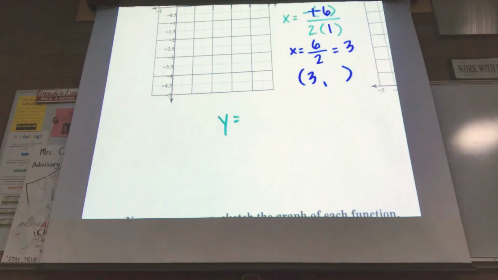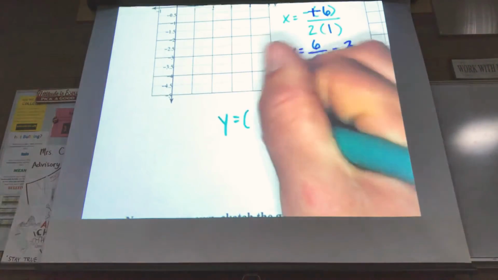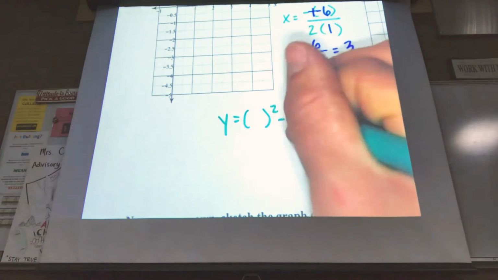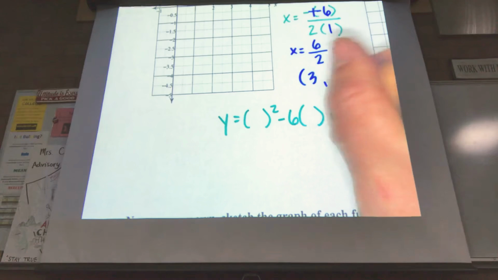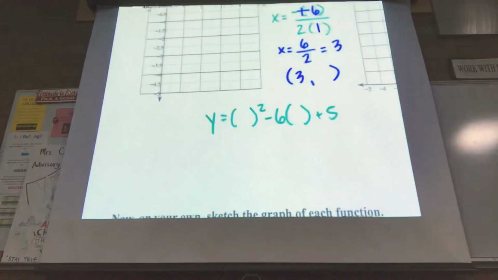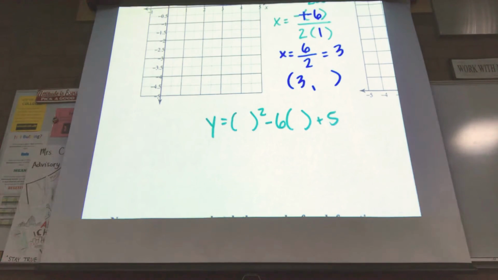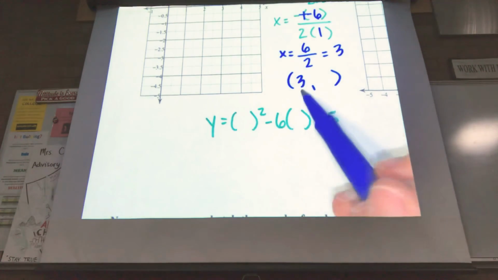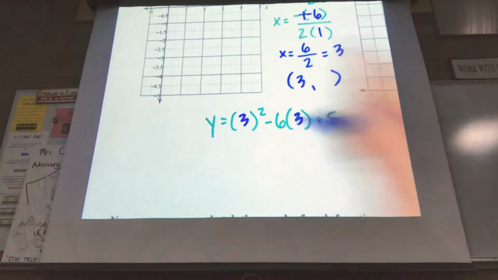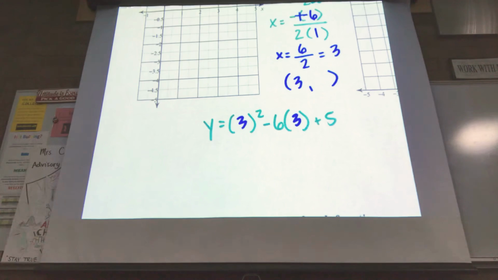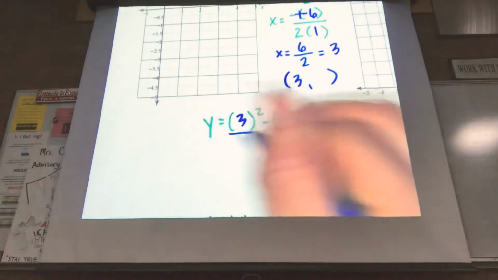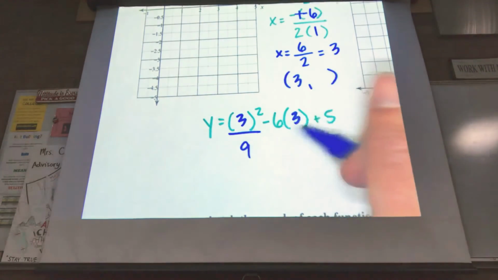So first there was an x squared, minus 6 times x, plus 5. Now I can fill in those spots with 3. Now we can solve it. 3 squared, or 3 times 3, is 9.